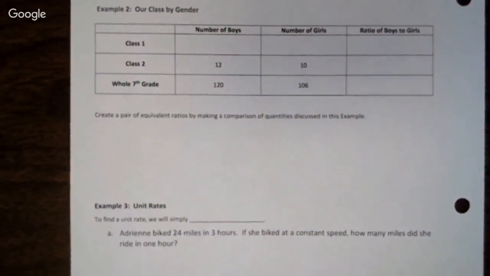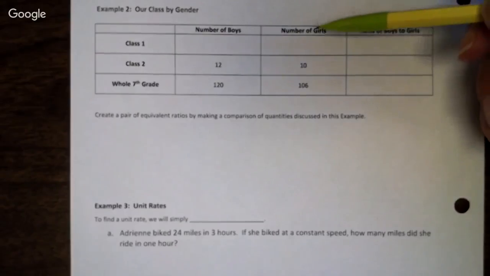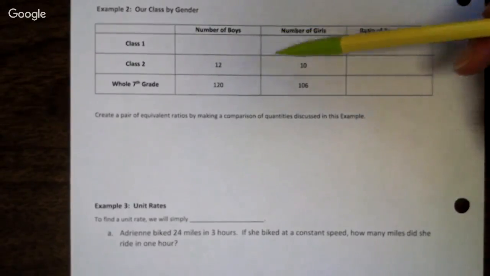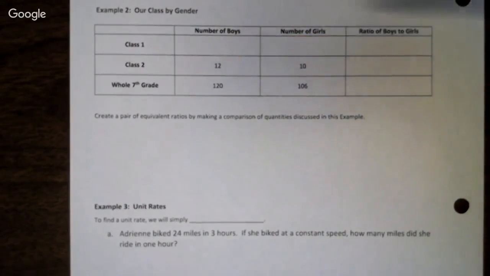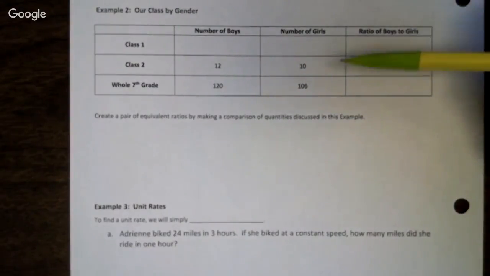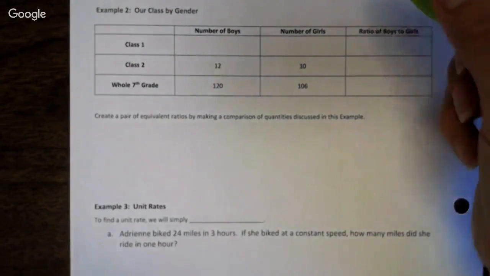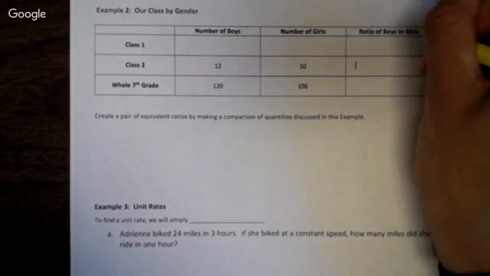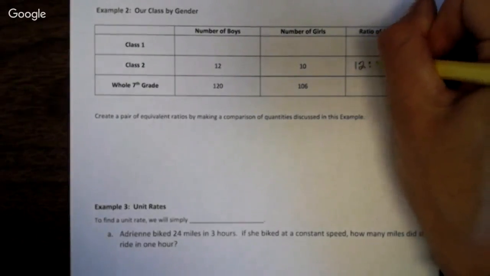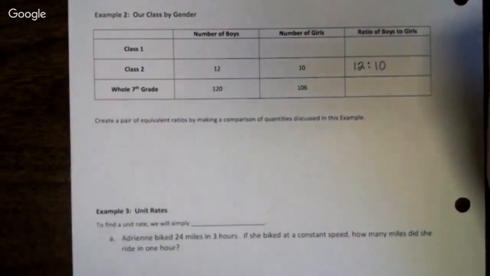All right, on the next page, it's something very similar, but we're going to be comparing boys to girls this time. In class, we filled in the data for our class to come up with the ratio. But let's just finish with class 2. Now, class 2 has a ratio of boys to girls, so boys are first, girls are second, and the order does matter.